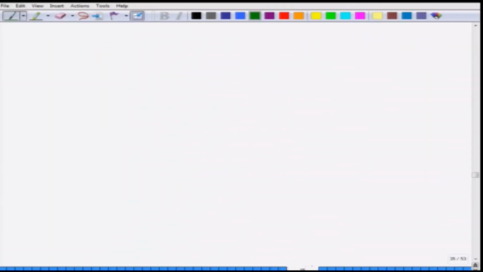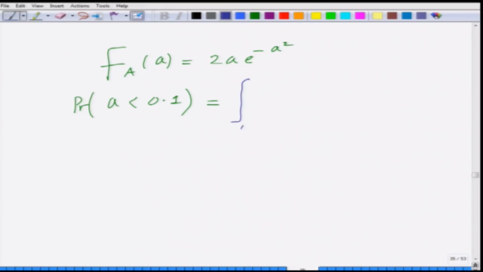And now, we know that the distribution of the amplitude f of a equals 2a e to the power of minus a square. Therefore, the probability that the amplitude is less than 0.1 is equal to the density integrated between the limits 0 to 0.1. The integral of 2a e power minus a square is minus e power minus a square, between the limits 0 and 0.1.